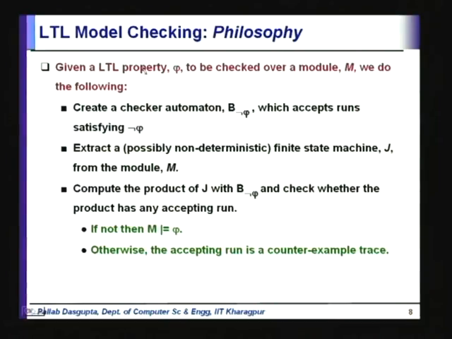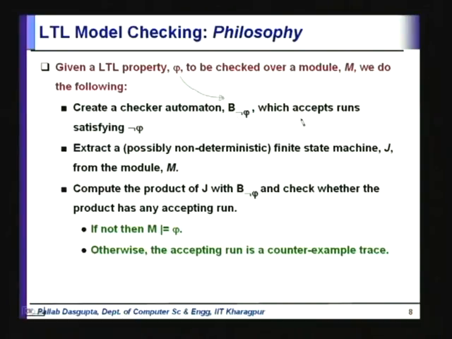Given an LTL property varphi to be checked over a module M, we will do the following. We will transform this varphi into a checker automaton. We will slowly understand what this means. This is a formal property written using LTL, so you remember LTL with the operators always, eventually, until, etc. We will transform the property into a checker automaton.